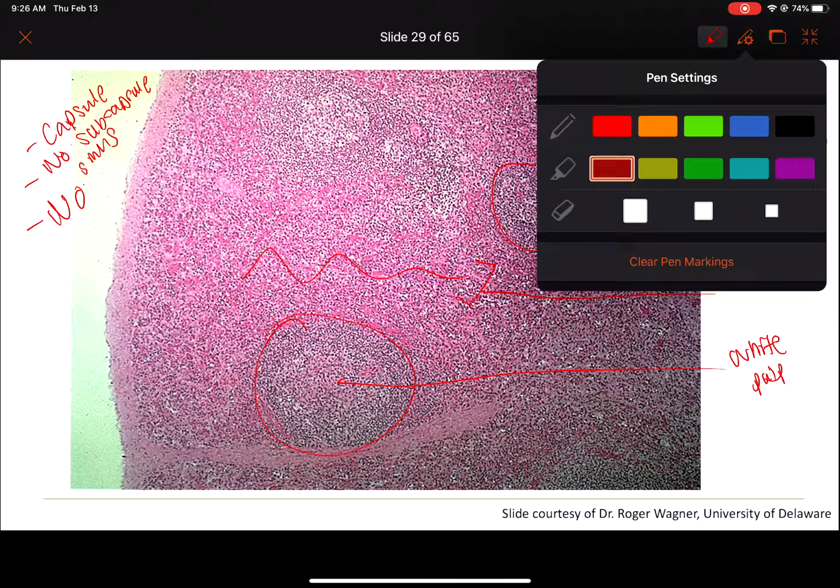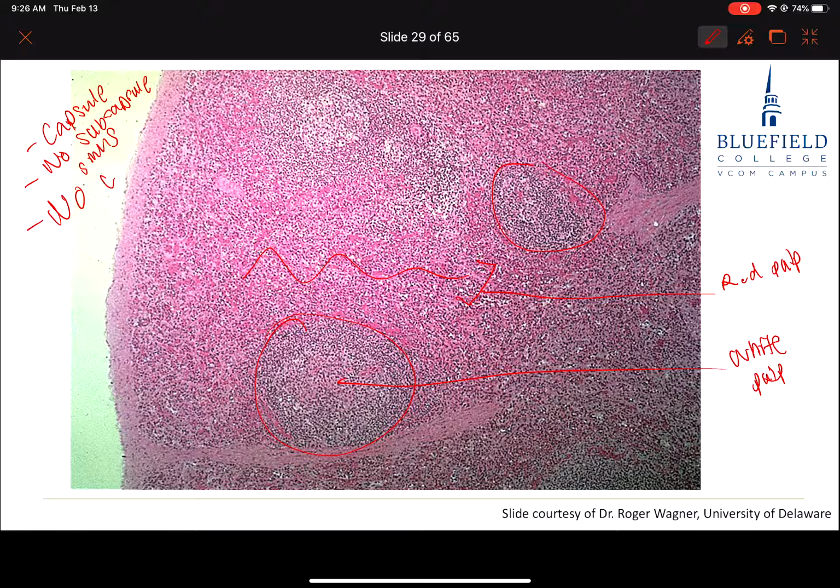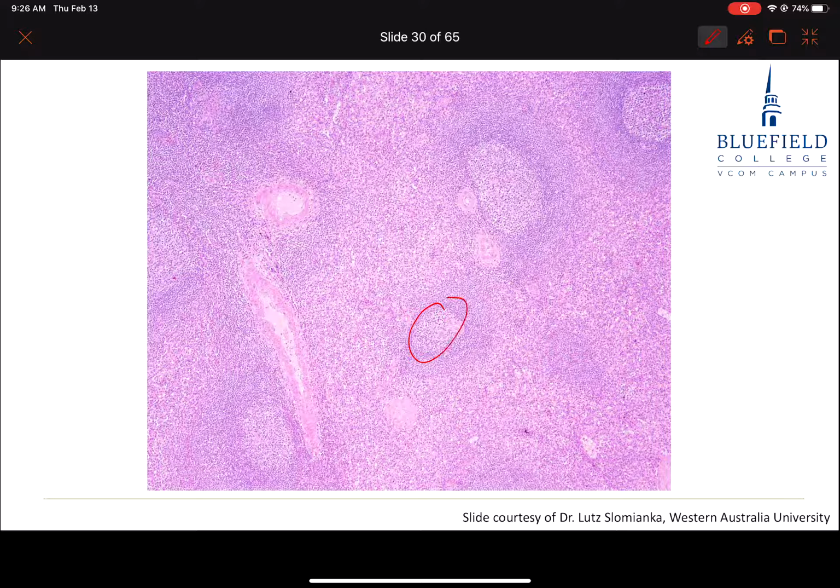All right, here's another way. Once again, spleen does not jump out to identify itself, but I look, I see lymphatic nodules with germinal centers. Okay, I don't see any edge in here in terms of a capsule. I do see a trabeculae running here with a large blood vessel in that trabeculae, don't I?